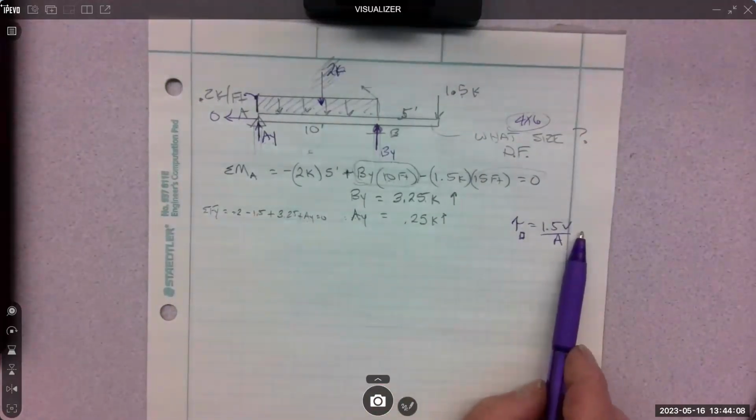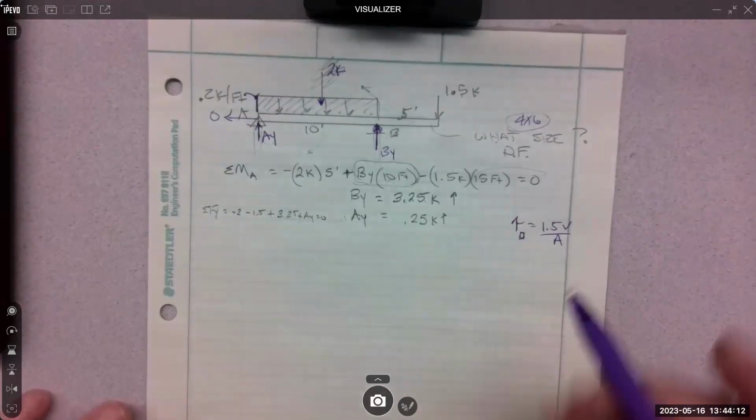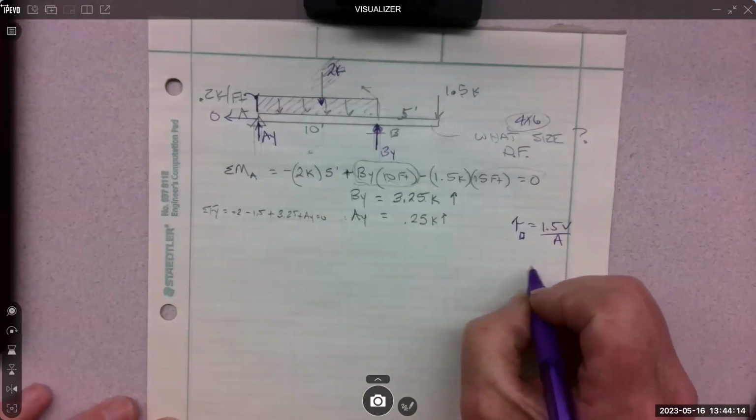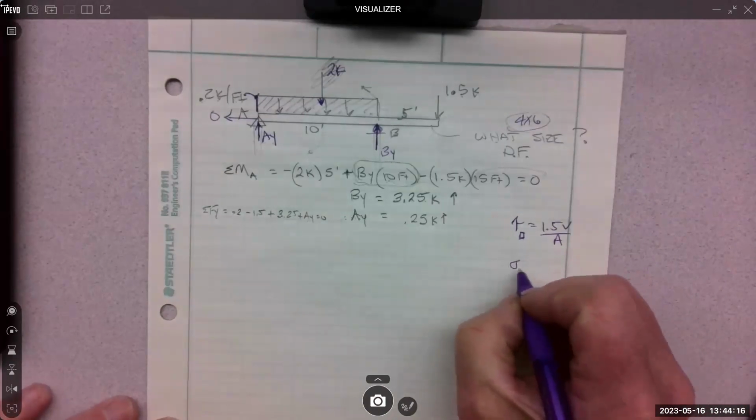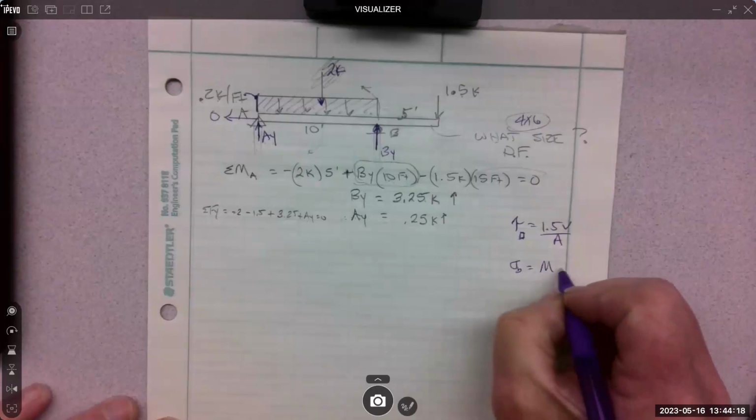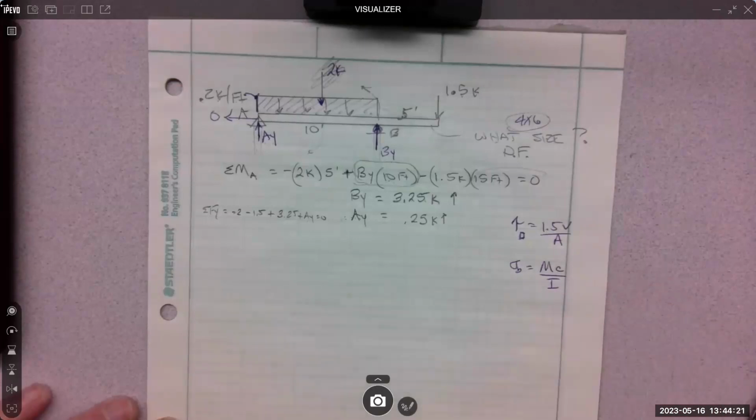So the two things that we want to think about are shear and bending, which we've talked a lot about. Bending stress is MC over I. Okay.